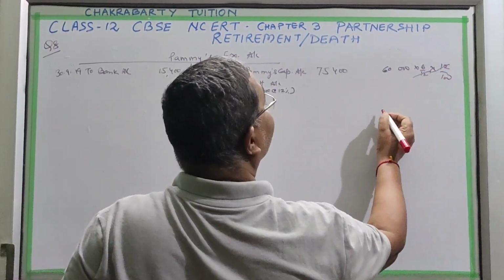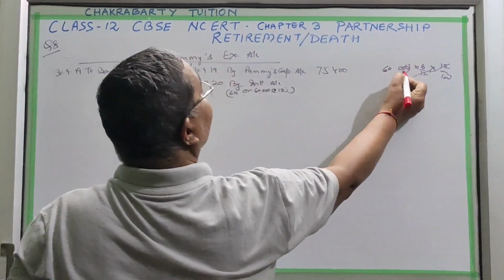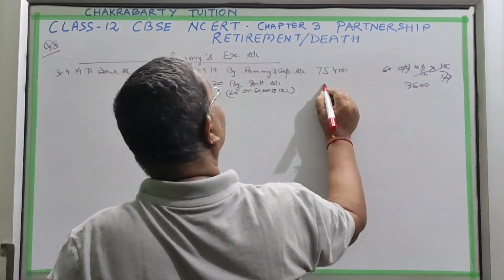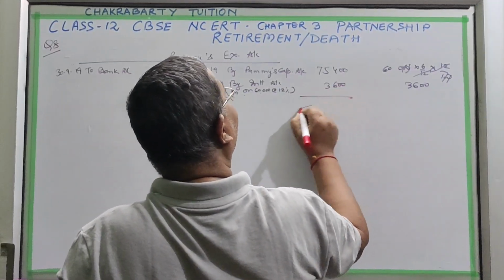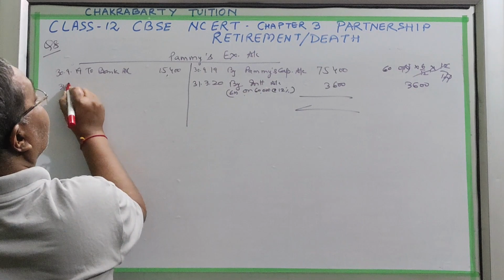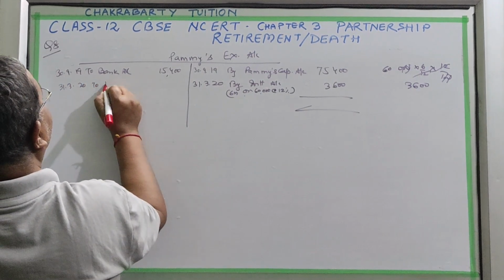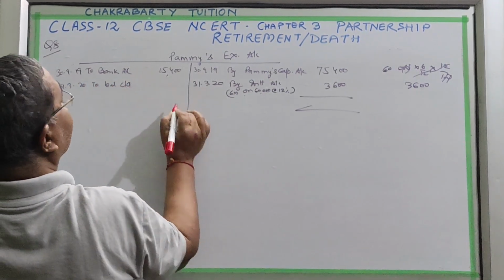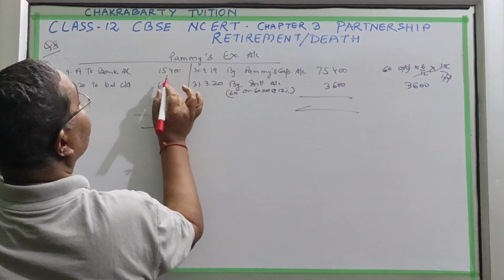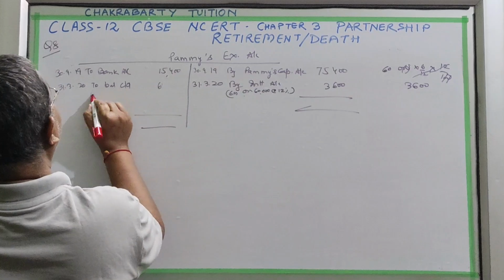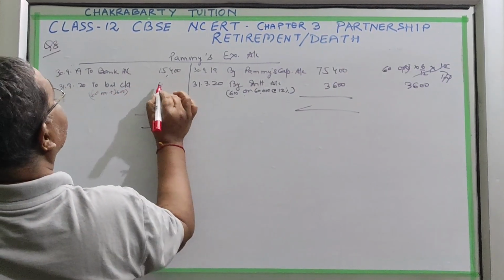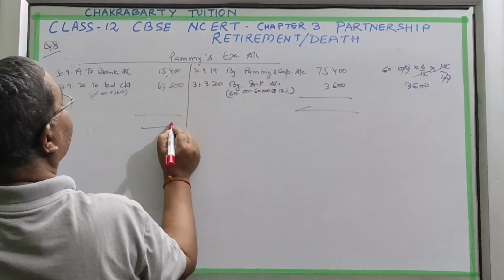So it will be 3,600. This balance we will carry here. It will be 60,000 plus 3,600, so 63,600.